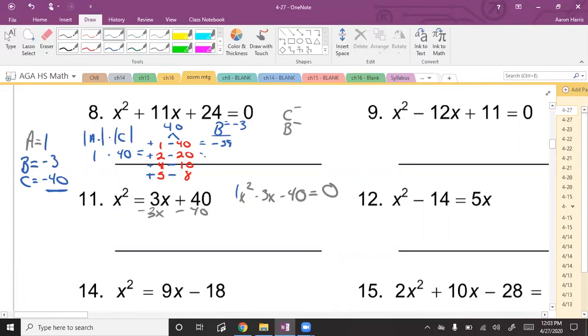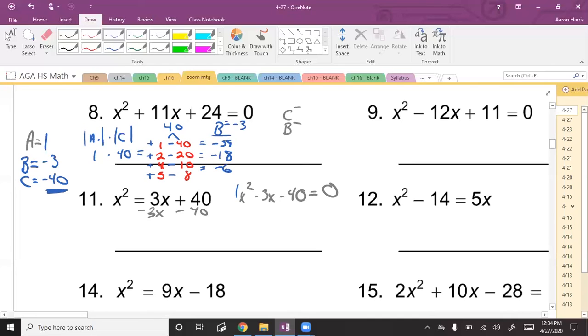I said multiply. 2 times a negative 20 is negative 40, which is my C. Now, 2 plus negative 20 is negative 18. What's 4 times negative 10? Negative 40 again. Good. What's 4 plus negative 10? Negative 6. My bad.